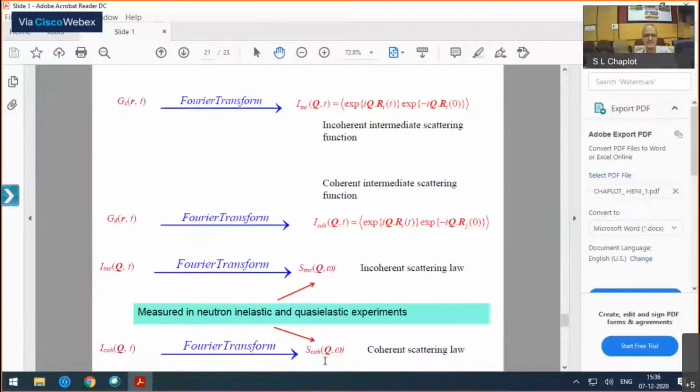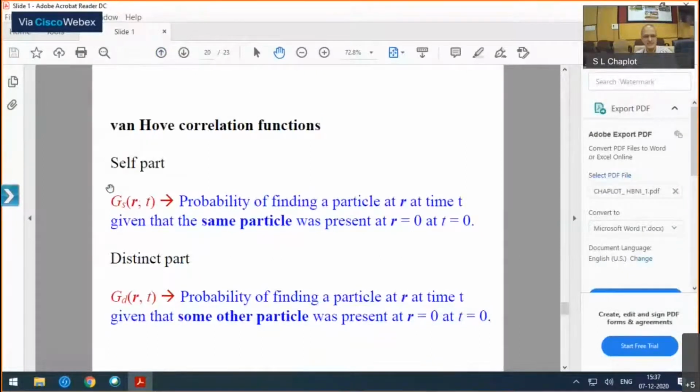But as I said, although we have written it like this, even the same atom also gives coherent scattering, and therefore in the distinct part we will include the same atom also. In other words, this is only for the self part, but when we get the coherent scattering, we get it from both of these functions.